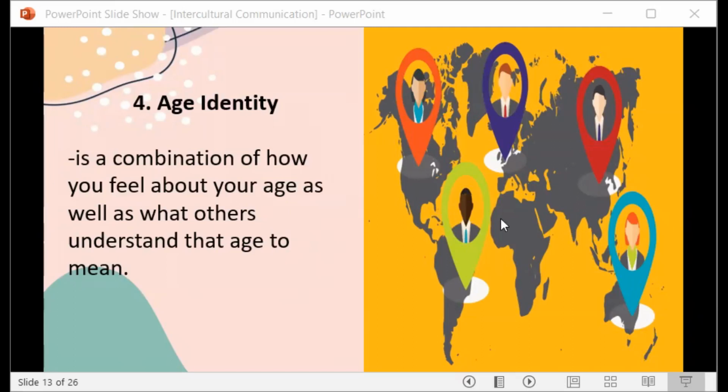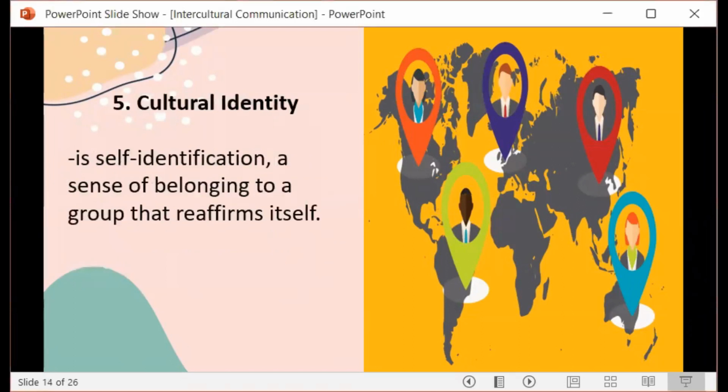And of course, the last identity is the cultural identity. It's a self-identification, a sense of belonging to a group that reaffirms itself. And it is made up of values, meanings, customs, and beliefs that are employed to interact with the world.